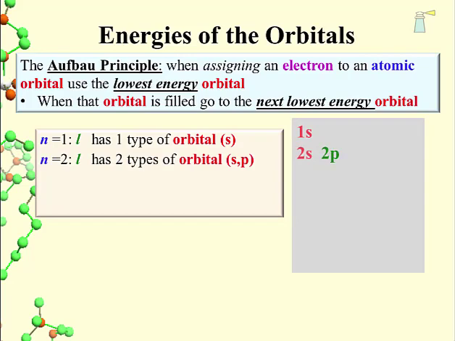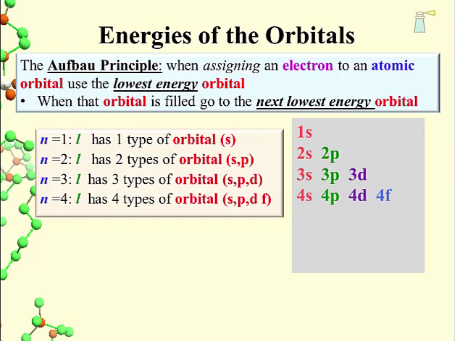List out 2s, 2p. For n equals 3, list out 3 types of orbitals: 3s, 3p, and 3d. For n equals 4, list out 4 types of orbitals: 4s, 4p, 4d, 4f. We can do the same with 5, 6, and 7.